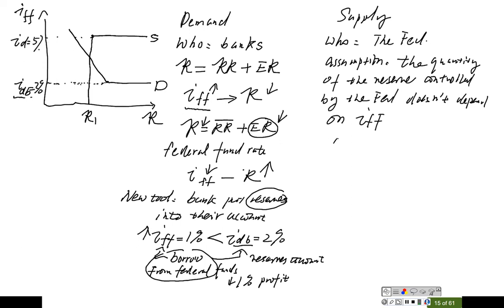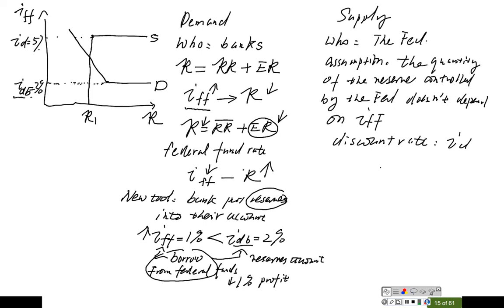And do you still remember what's the meaning of the discount rate? The discount rate is the rate at which the Federal Reserve charges on the loan a commercial bank borrows from them. So when a commercial bank borrows money from the Fed, they pay the discount rate.